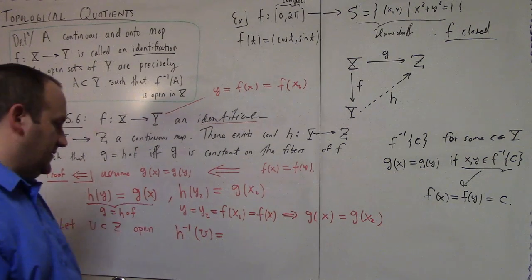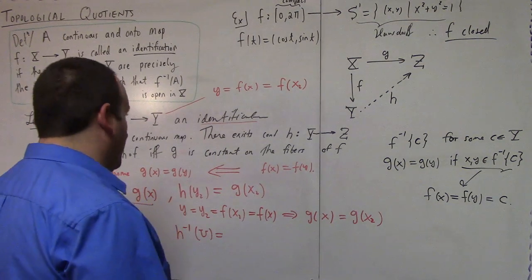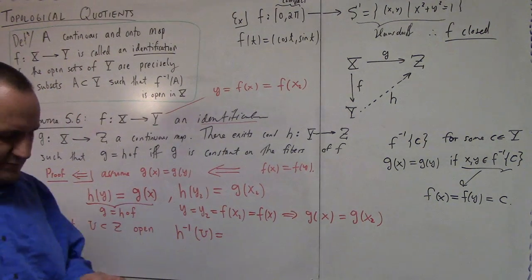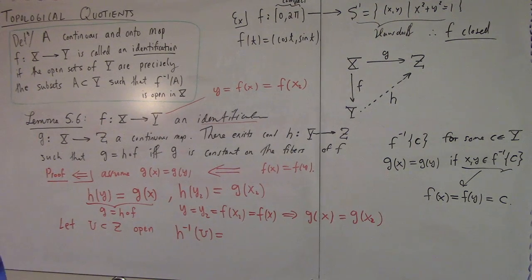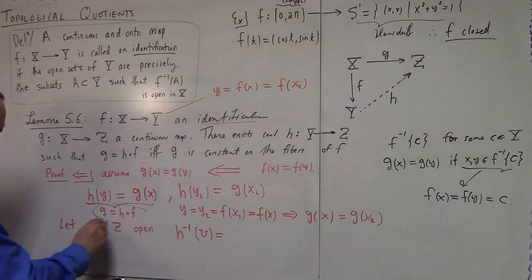It's not complicated. He says, let U a subset of Z be open, then f inverse of h inverse of U. So okay, he's using the socks-shoes formula here, right? Which extends to inverses.